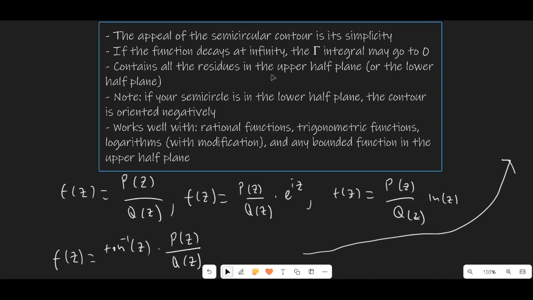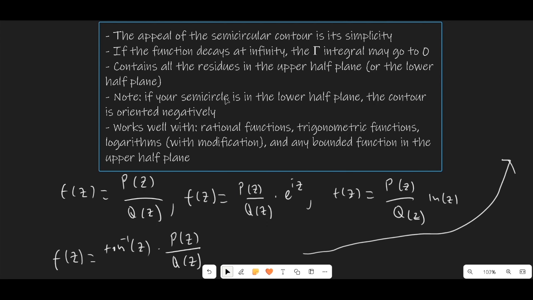It also contains all the residues in the upper half plane or the lower half plane if you're using that version of the semicircular contour. Also something to note, if you put your semicircle in the lower half plane, then the contour you use will be oriented negatively, which means that when you use the residue theorem, you'll get negative the value of your contour integral because of the negative orientation.